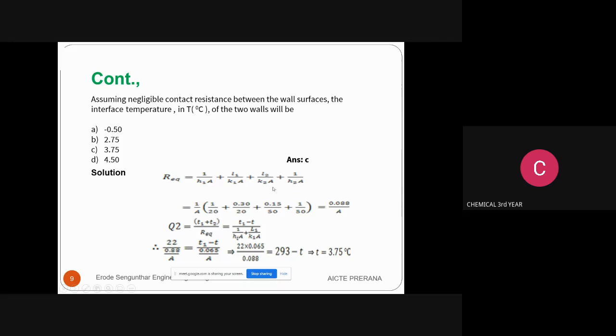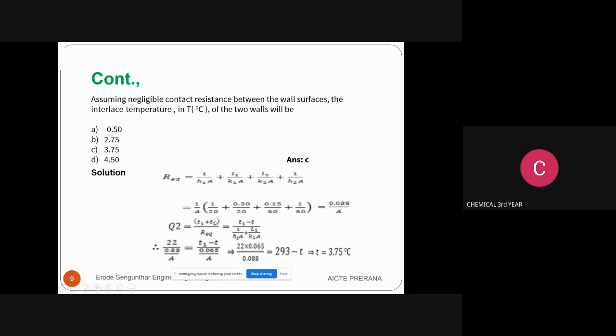From the given data, we substitute h1 as 20, L1 as 0.30, K1 as 20, L2 as 0.15, K2 as 50, and h2 as 50. Substituting all of these and solving, we get 0.088 divided by A. One more thing: we can write Q in terms of temperature difference as T1 minus T2 divided by R, which is also equal to T1 minus T divided by 1 divided by h1A plus L1 divided by K1A.